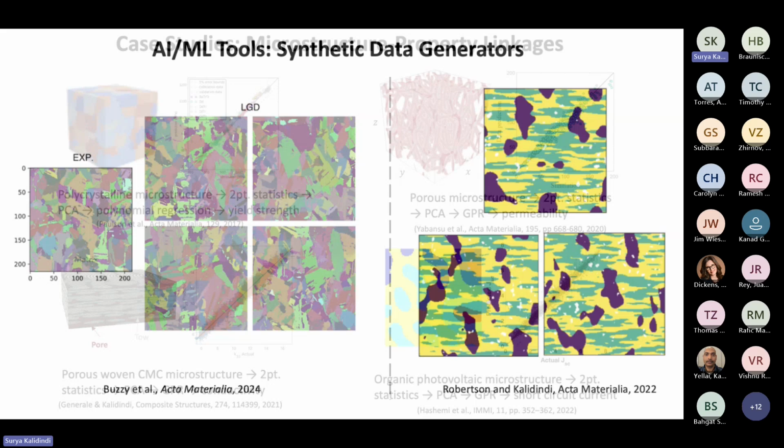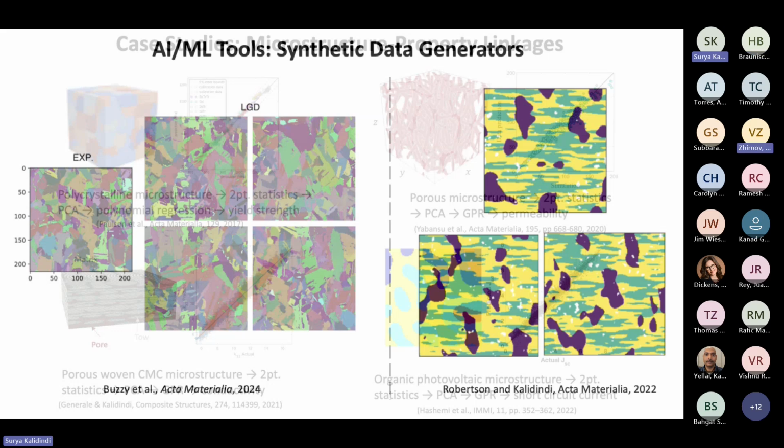So on the data generators, this is one example of Gen AI where there are 2 examples. In each example, one picture is a real one and the other is completely synthetically generated. But they reflect the same statistics, the same higher order statistics.